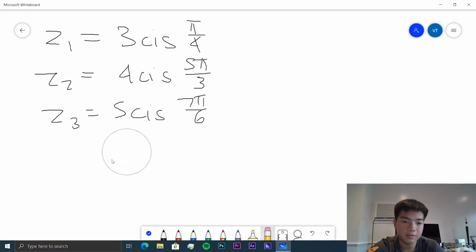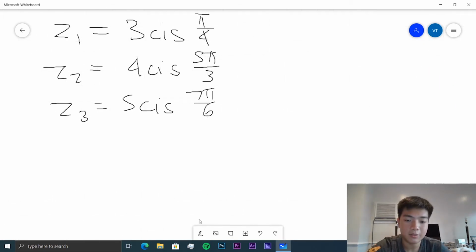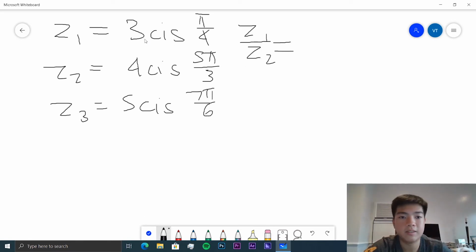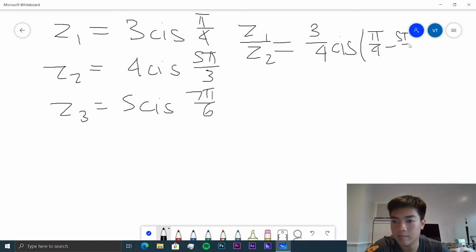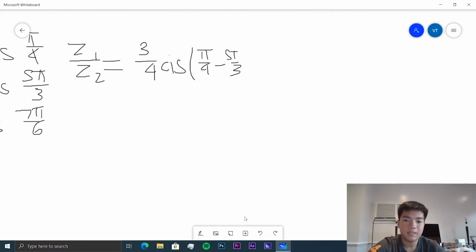So z1 over z2. Again, if we are dividing two complex numbers, we need to divide their moduli. So we have 3/4. And then we have to subtract their arguments. So we have pi over 4 minus 5 pi over 3. What is pi over 4 minus 5 pi over 3?